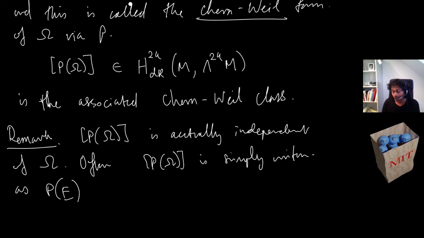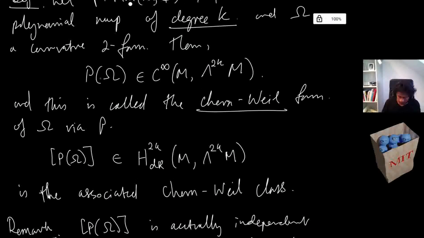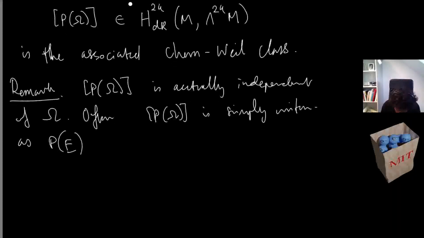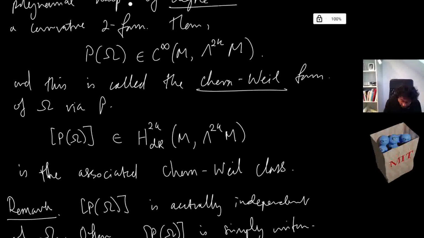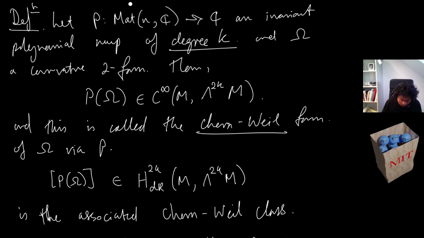So E is the vector bundle that we're on. So it's really a property of the bundle and not really of the connection. Okay, but of course the 2 form certainly depends on the choice of connection. So, sorry, the P of the 2 form, the P of omega, P of the curvature 2 form.